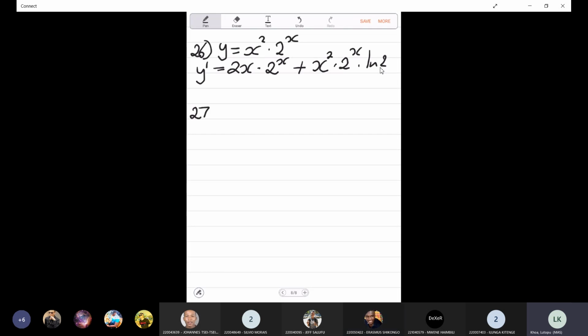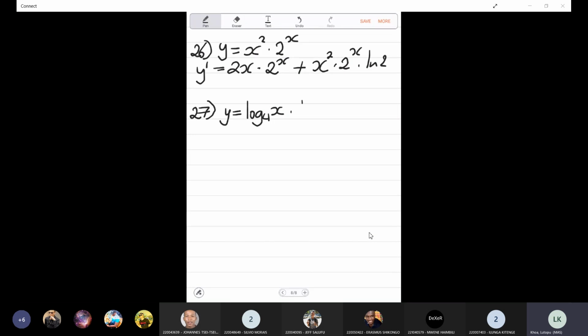Then number 27, we have y is equal to log base 4 of x. Here they're multiplying. Let me just check what I wrote here. Okay, yeah, they're multiplying.